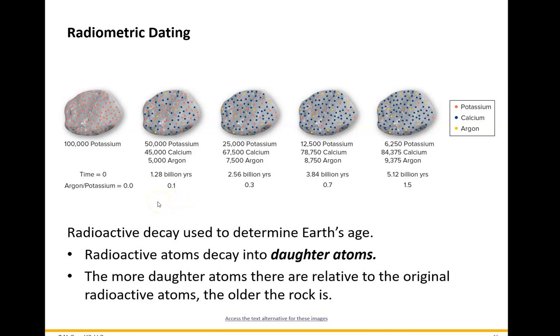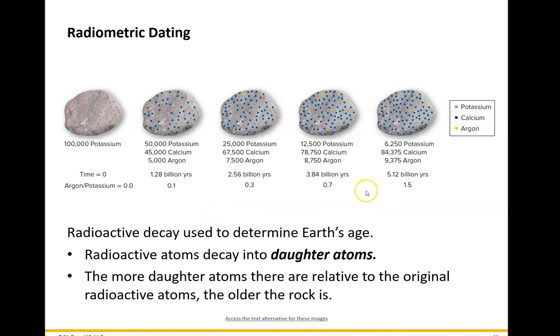To use that for dating things, it's wonderful if you have something that's 5,000 or several hundred years old, or maybe even 10,000 years old. You can use carbon-14 dating if that's what you're talking about.